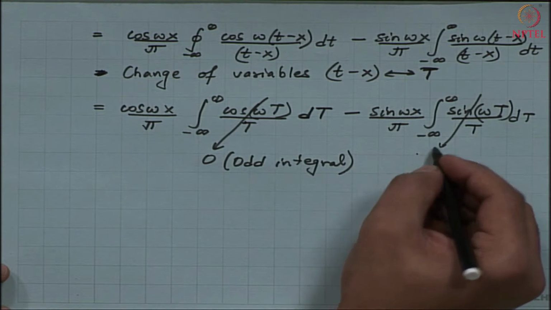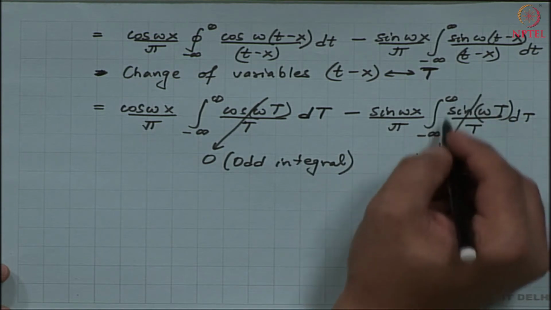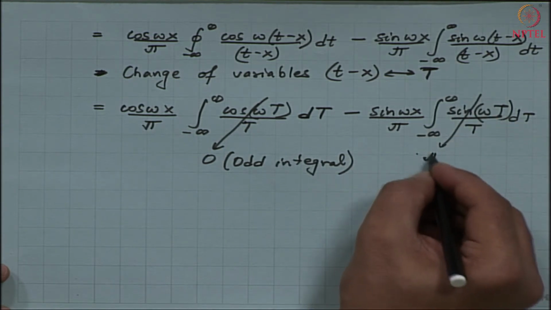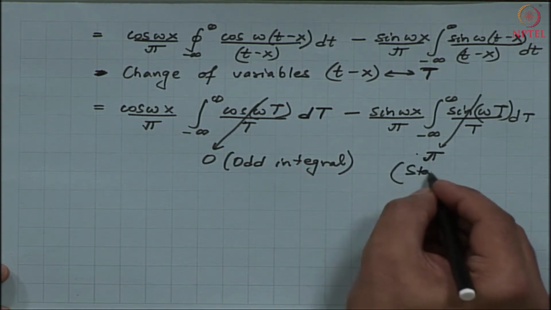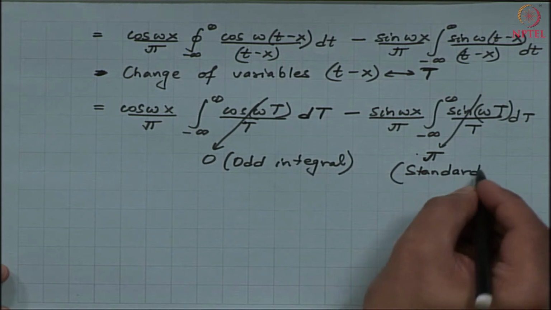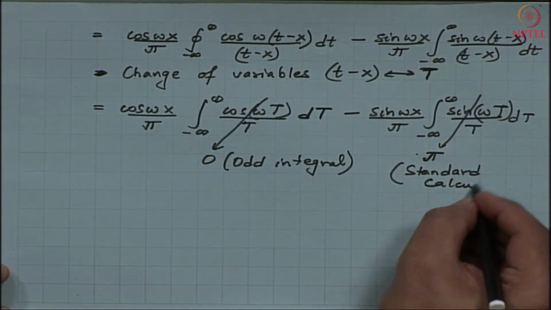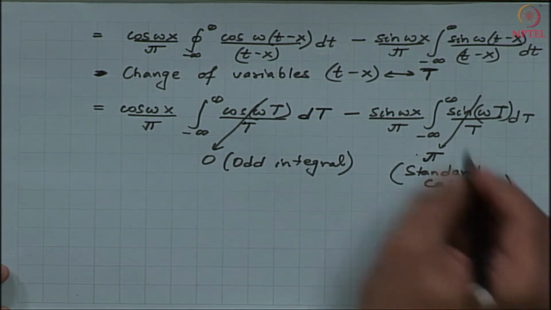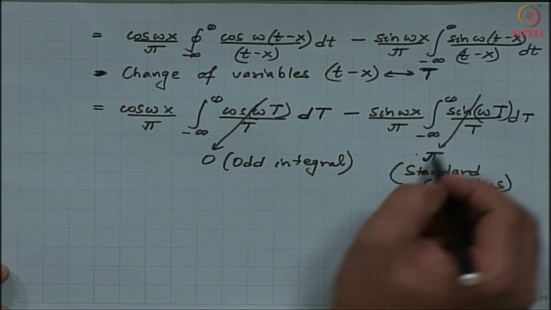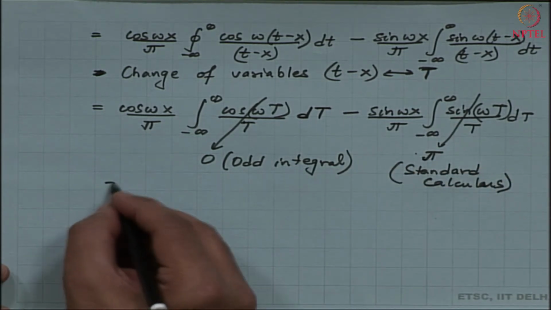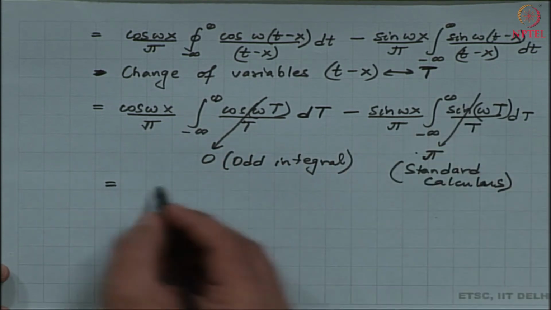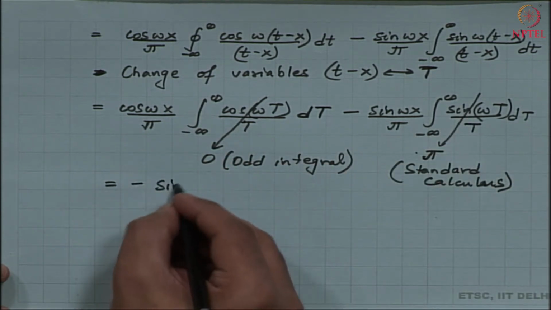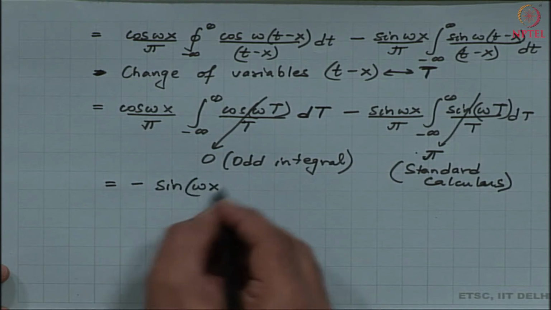So, I am going to right away give you the answer, and it is equal to pi. Please refer to standard calculus to see that the value of this infinite integral is pi. So, I get that the first integral is 0, the second integral gives me a pi, and I get my answer to be negative sin omega x.